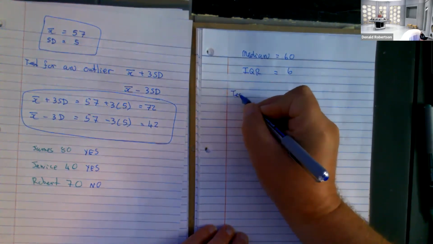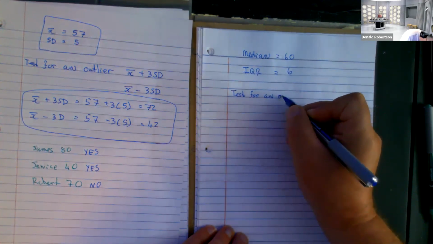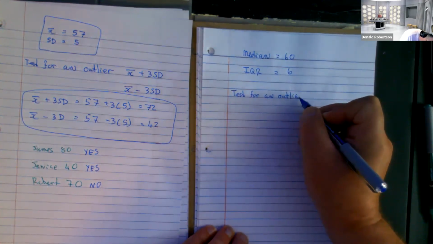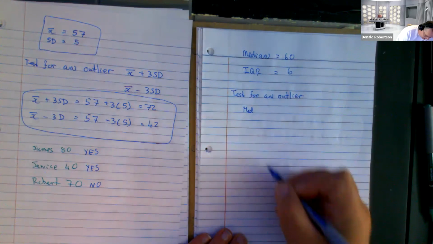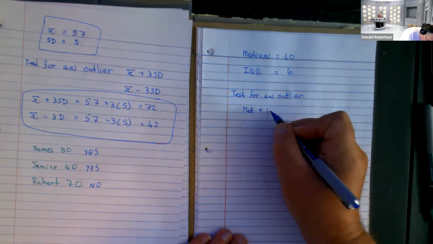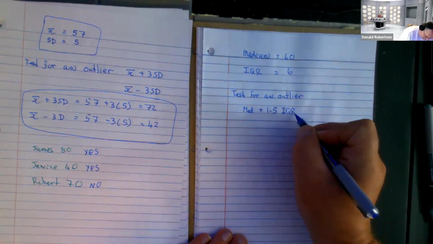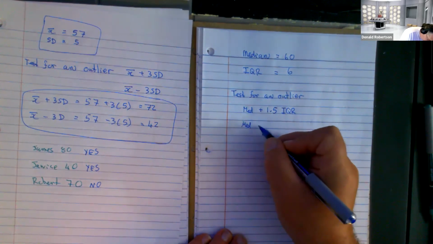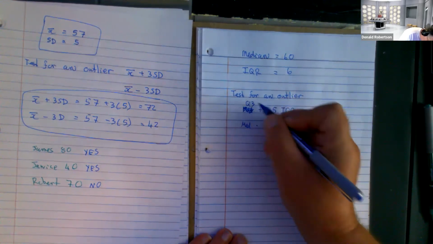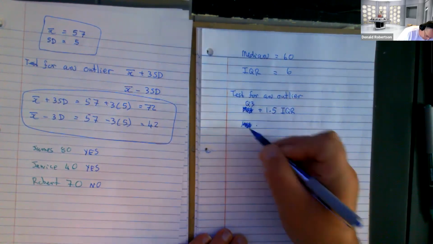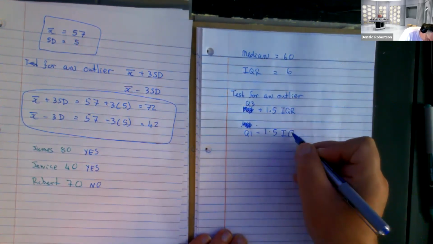There is a test for outliers in this situation as well. You do Q3, add 1.5 interquartile ranges, and you do Q1, take away 1.5 interquartile ranges.